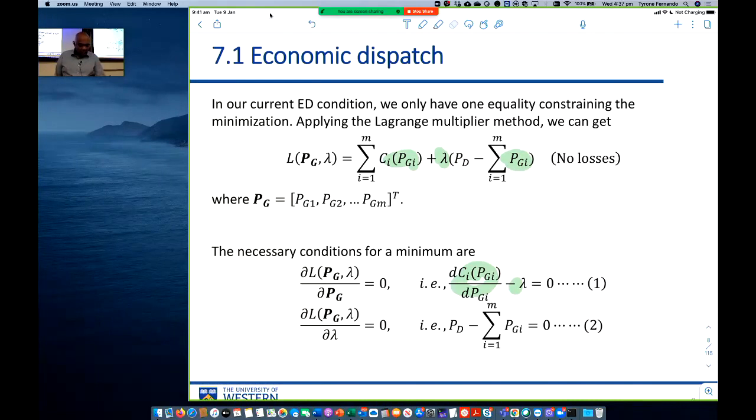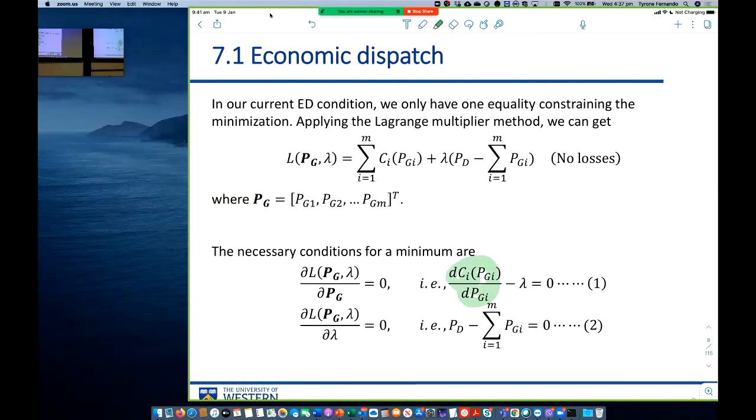So what are these two equations telling us? This here is telling us that dC_i(PG_i)/dPG_i is the incremental cost of power generation in generator i.